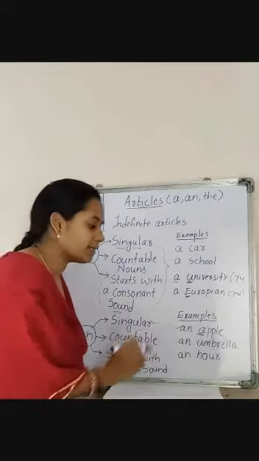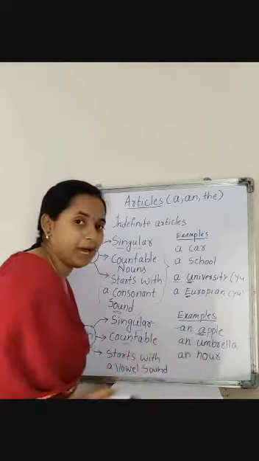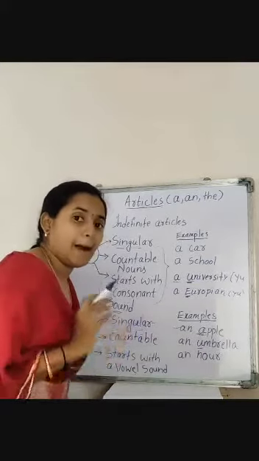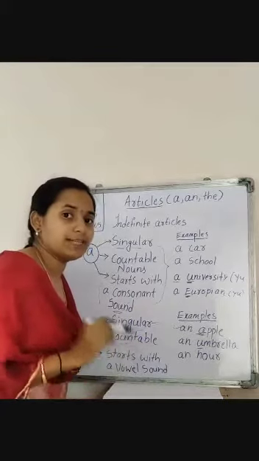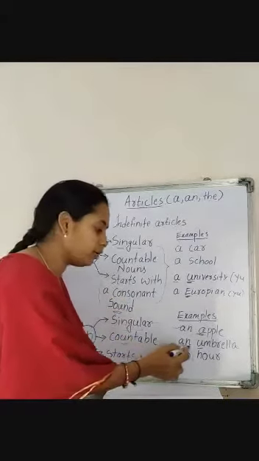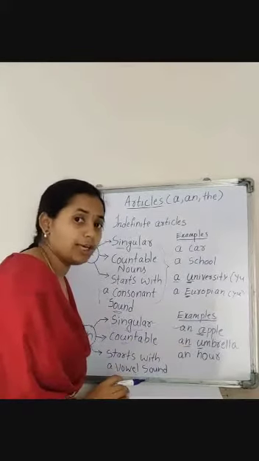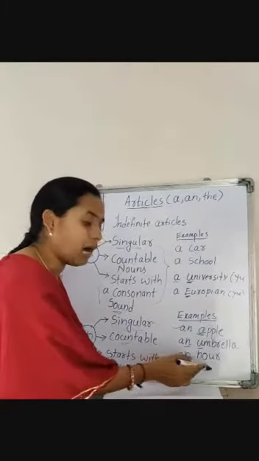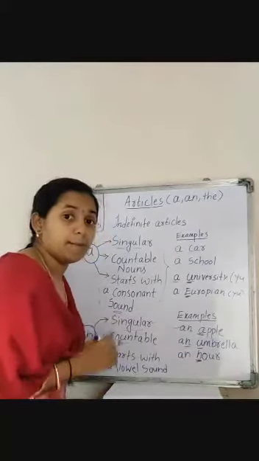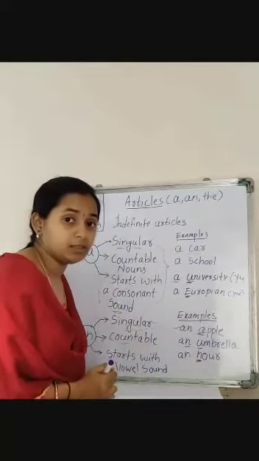Next example: an umbrella. This is a vowel sound, so that's why we can use an here. Now coming to the next one, an hour. See here, H is a consonant, but why are we using an here?